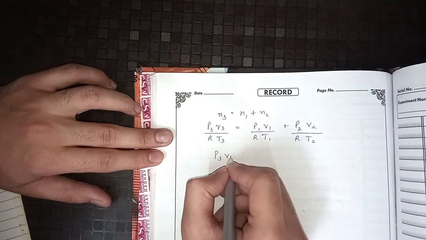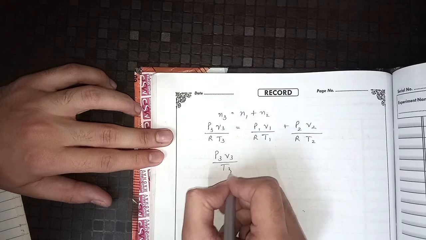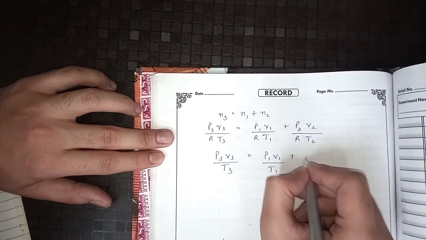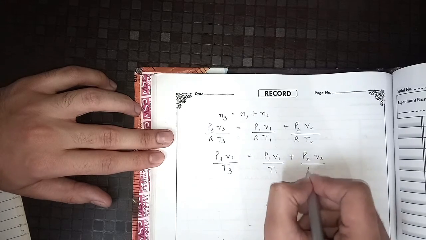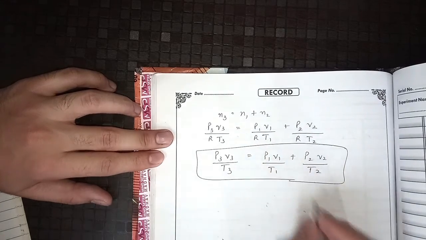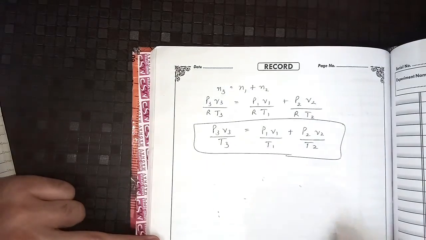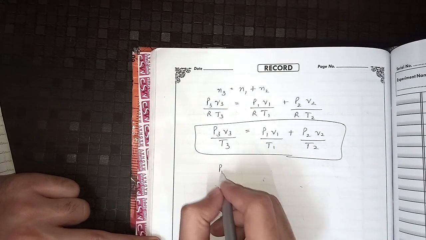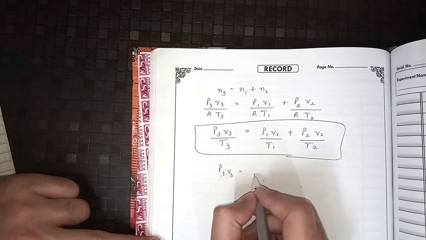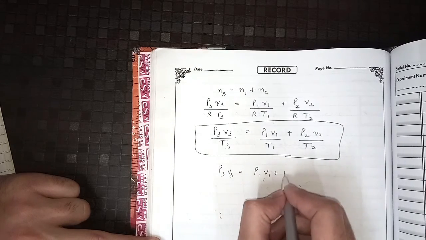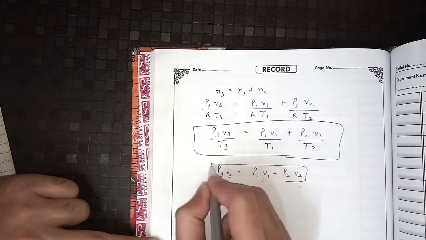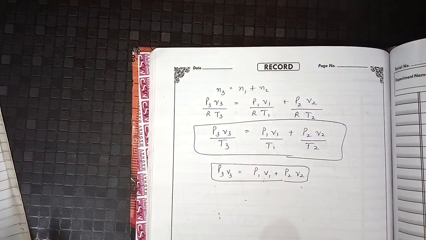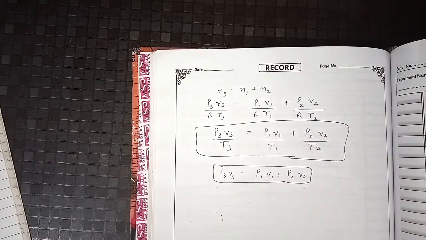So the net equation will be P3 V3 over T3 equals P1 V1 over T1 plus P2 V2 over T2. If we are given that the temperature is the same in all three cases, then this equation reduces to P3 V3 equals P1 V1 plus P2 V2. So this was the first application, to calculate the total pressure of a mixture using Dalton's law.